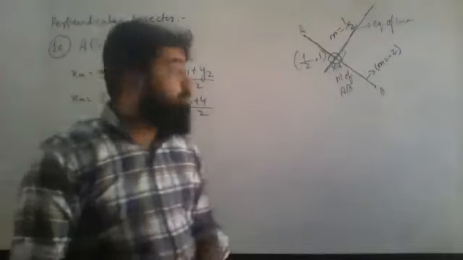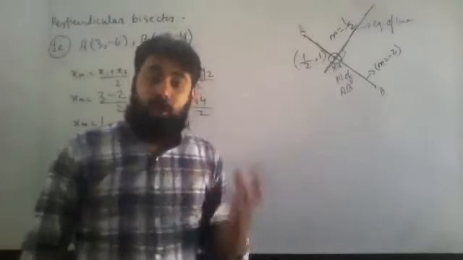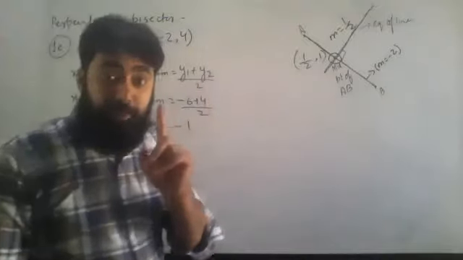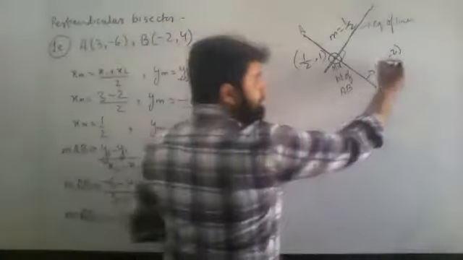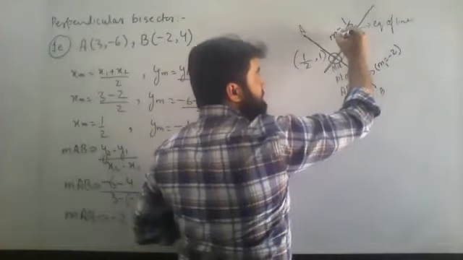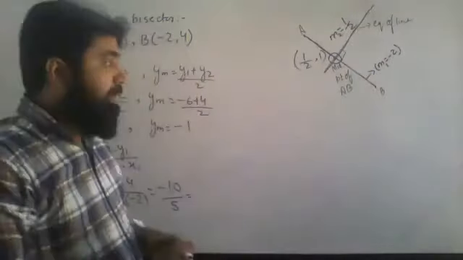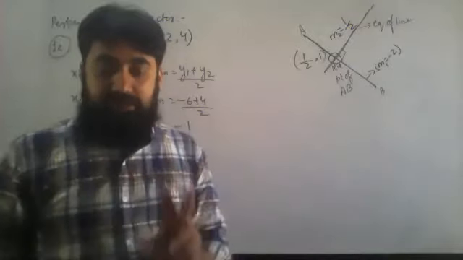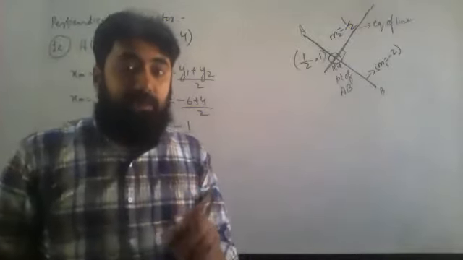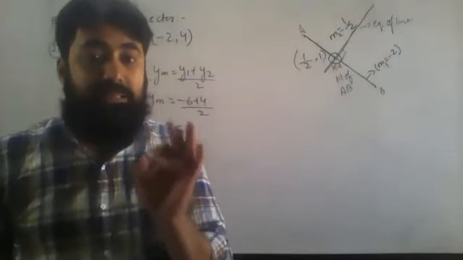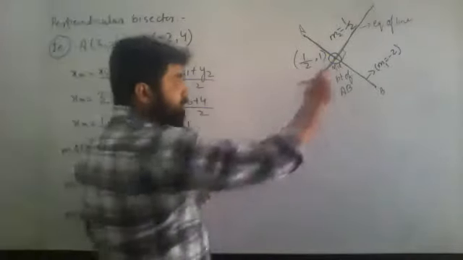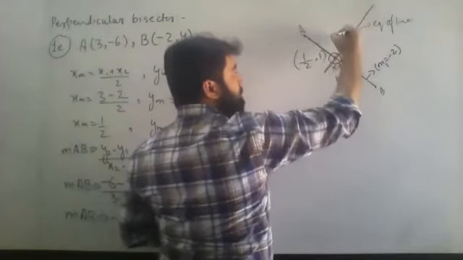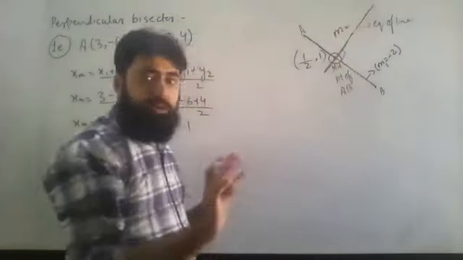There is another way to find the gradient, if you are getting confused. See, in perpendicular lines, for instance, I am saying this one is M1 and this one is M2. We know that for perpendicular lines, when the gradients are multiplied, the result will be minus 1. I know that the other gradient will be M2, that is the only thing I know.